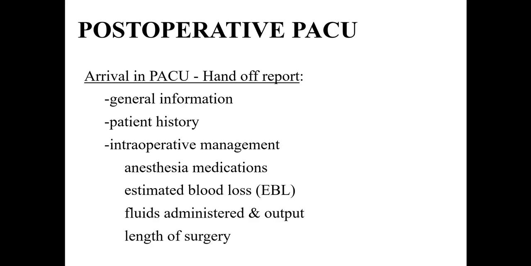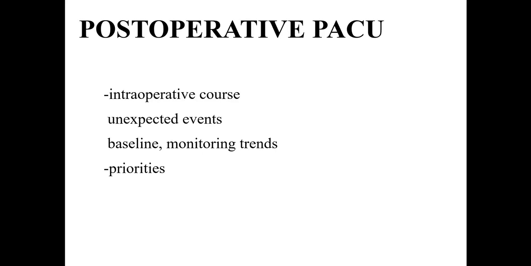We talked about the handoff of report, and general information, the history and things of that nature. They're going to also talk about any unexpected things that happened, okay? And they may say, okay, this is the first thing that you have to consider or do now that the patient's in the post-anesthesia unit, okay?